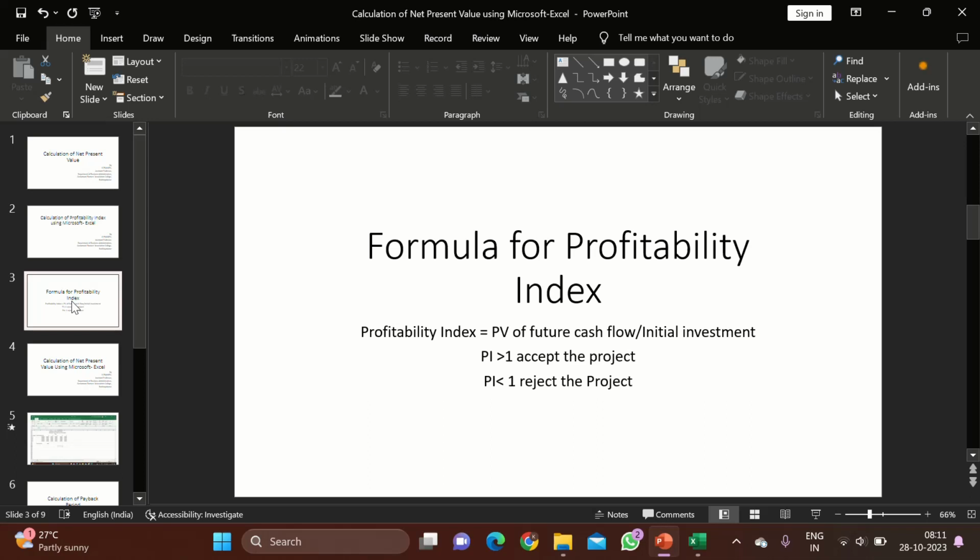In other words, the cash inflows of the project, present value should be calculated and summated, and that summated amount must be divided by the cash outlays. The rule of thumb is if the profitability index is more than 1, we should accept the project. If the profitability index is less than 1, we should reject the project.